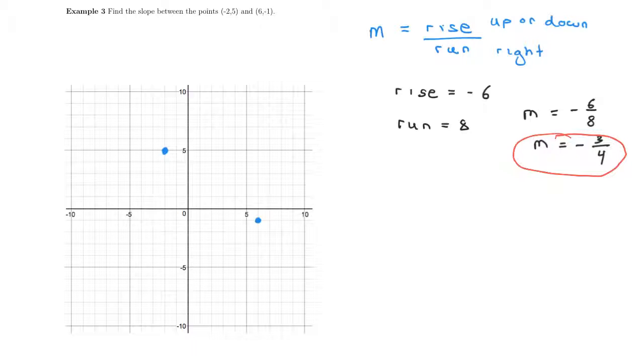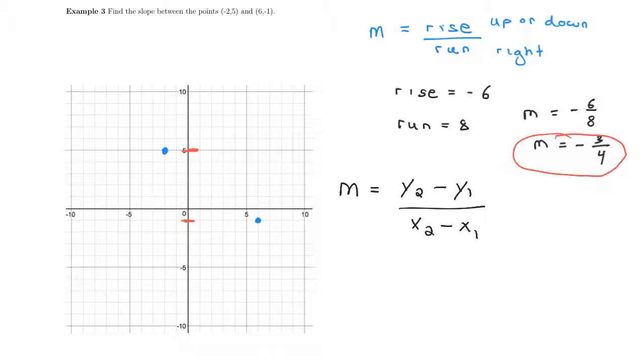However, there's a more formal definition that we can use as well. And what this does is basically you don't have to count. It just plugs the numbers in and it gives you the correct values back. The y2, y1, that represents your y values. So like this could be your y2 and this could be your y1. How far down did you travel?